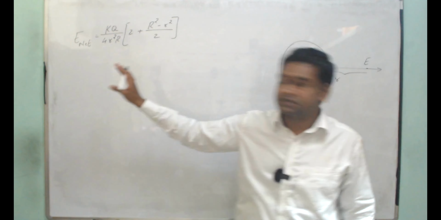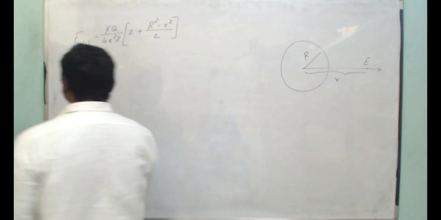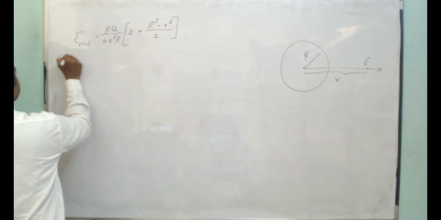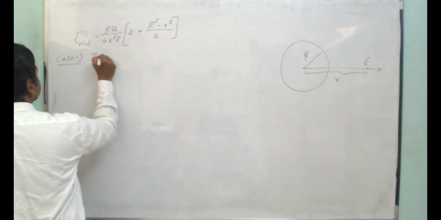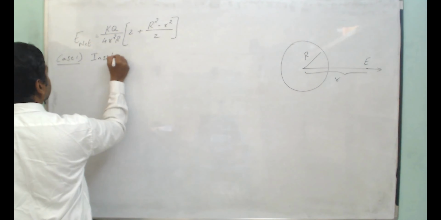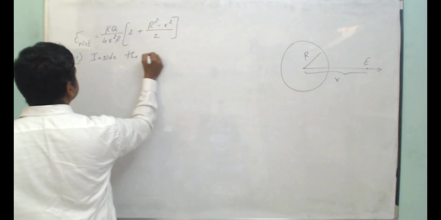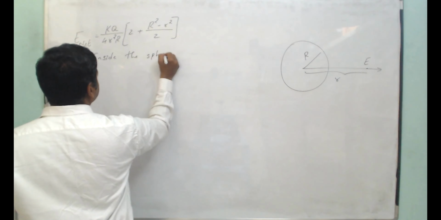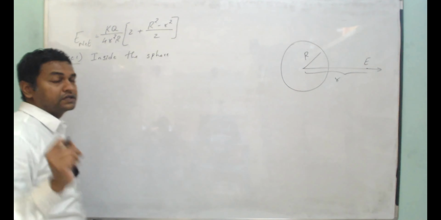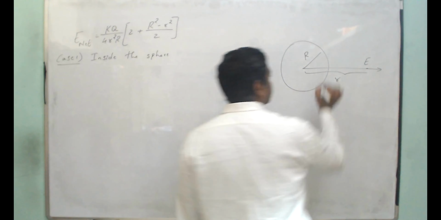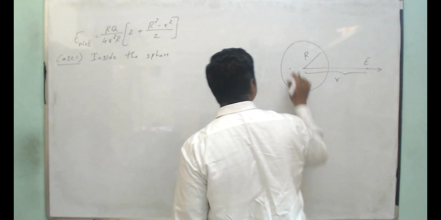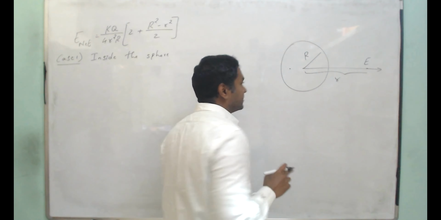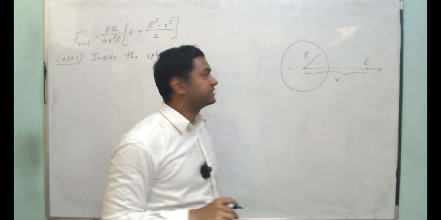For this, here we have two cases. We said case 1 is inside the sphere. Suppose I took this point, the point where we have to find the electric field inside the sphere.